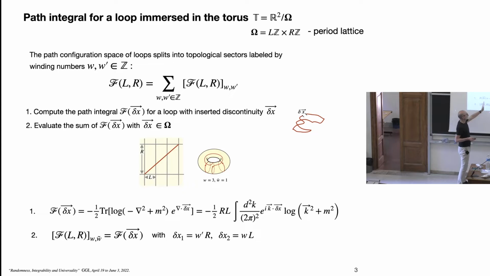When you diagonalize the Laplacian, you go to the momentum space. This is just this simple integral. And once you compute this integral, which is a kind of Bessel function, you can sum over all winding numbers to obtain the free energy on the torus.